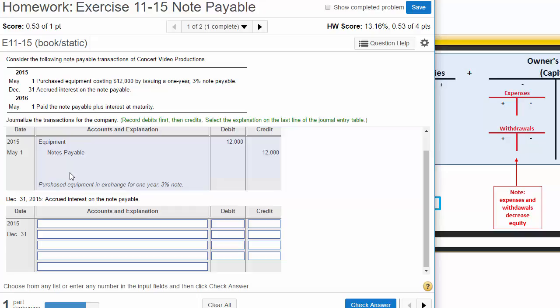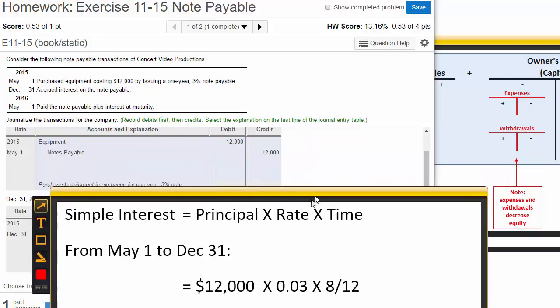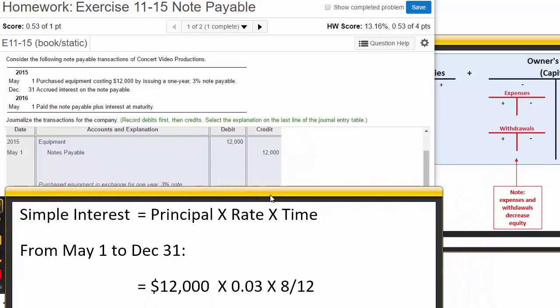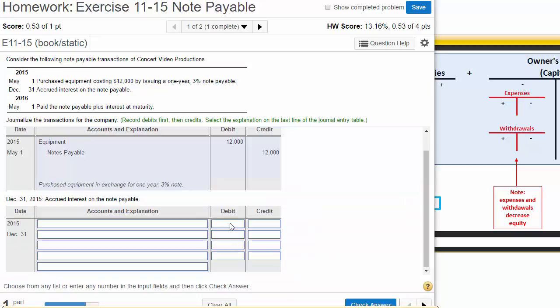That's 8 months. So the formula for our simple interest is principal times rate times time. And from May 1st to December 31st, that's 8 months. So it's $12,000 times 3% times 8 divided by 12.